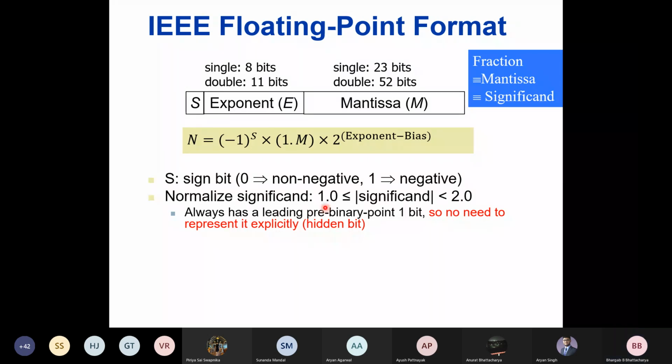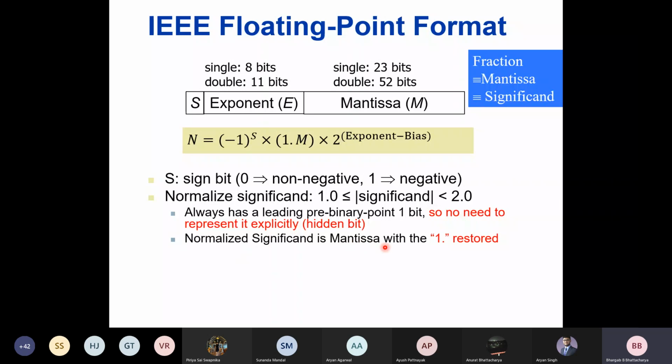The significand is nothing but the mantissa with 1 point something. When we restore the 1, it is called the normalized significand. If you ignore it, then only this part is called the mantissa. When you restore this 1 bit, 1.m, then it is called the significand.